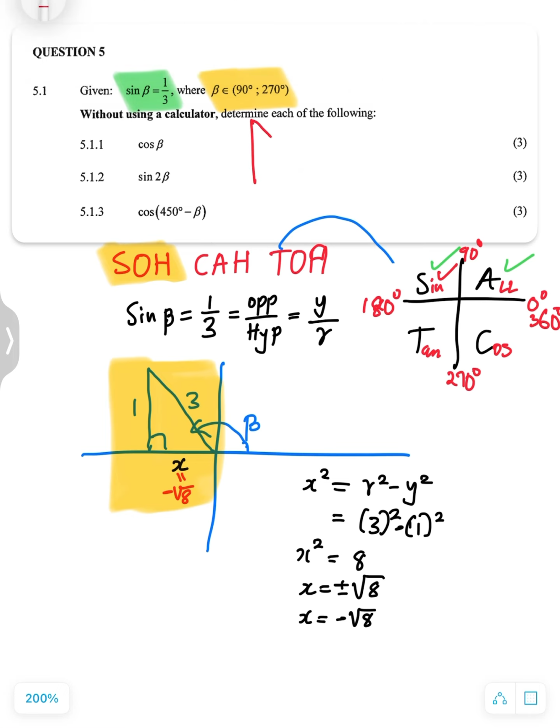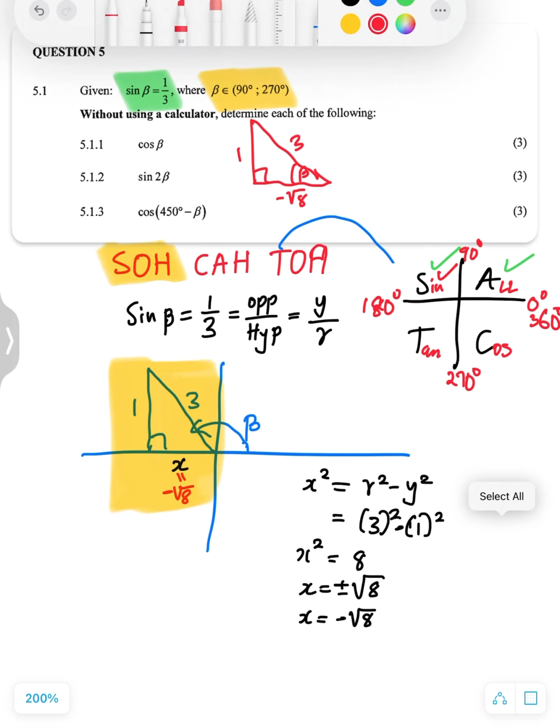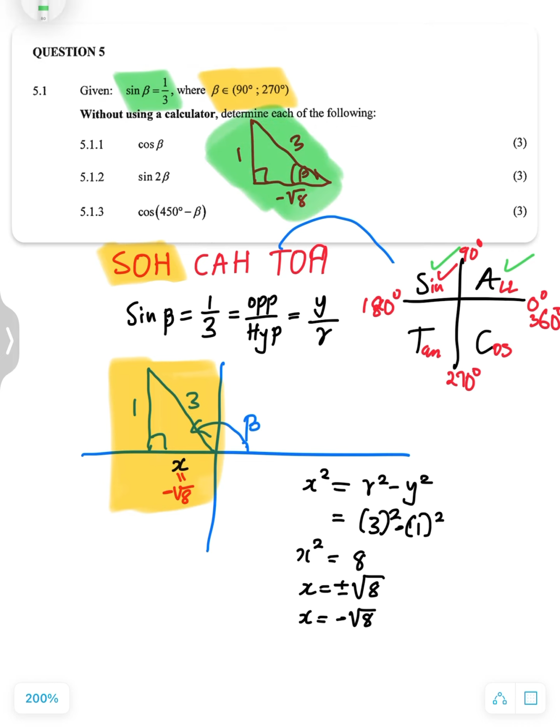So this is the triangle. x will be negative root of 8, and if this is beta, then the hypotenuse will be 3, and y, or the opposite side, will be 1. So we can use that information here to answer the questions.